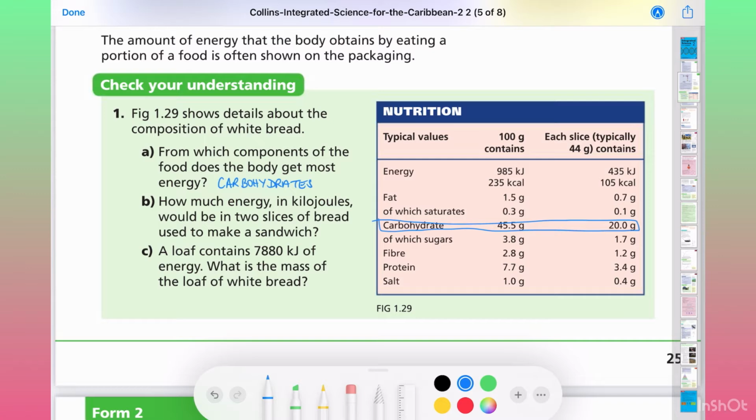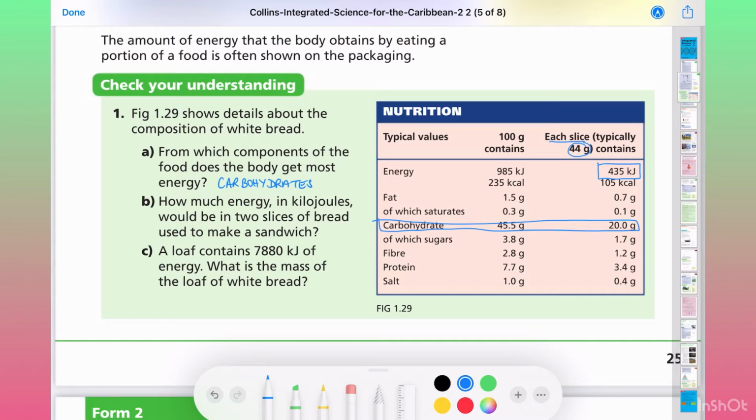The next question, how much energy in kilojoules would be in 2 slices of bread used to make a sandwich? So if 1 slice of bread is about 44 grams and we know how much kilojoules is contained in 1 slice, all we have to do is multiply that by 2.